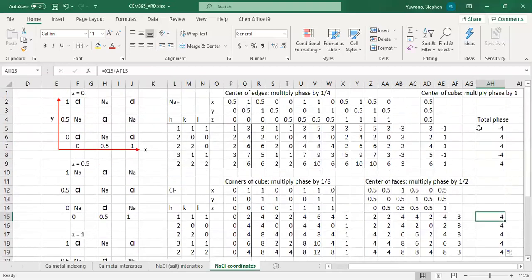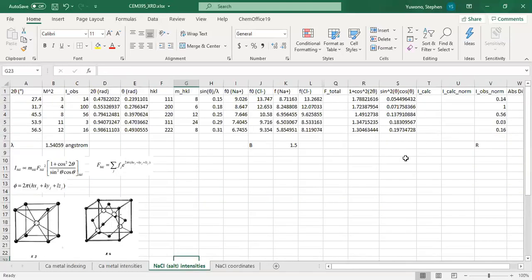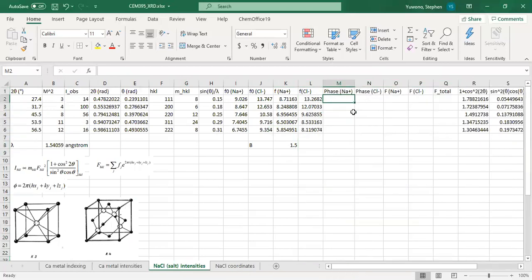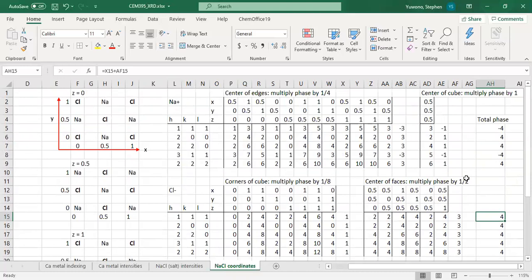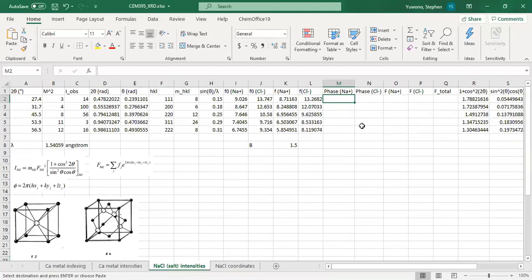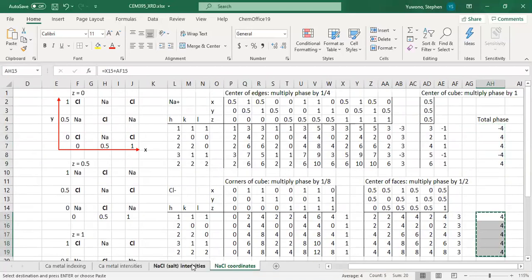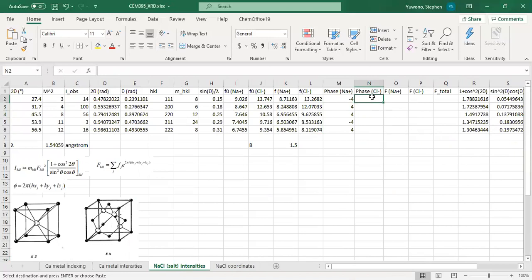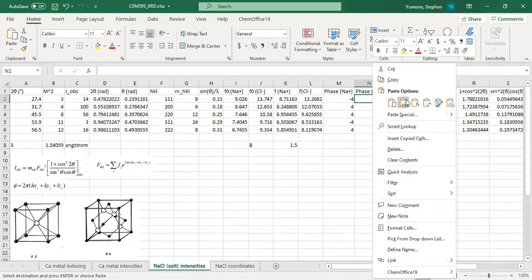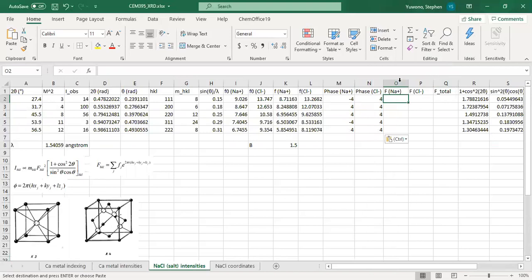All right, so now, once we have this number, if we go back here, now we need to take into account all of these total phases. So for sodium, as you can see, there are some minuses, and I will just paste the values. Here, everything is positive for chloride. So let's again paste just the values. All right, so now we will see something very interesting coming up from this calculation.